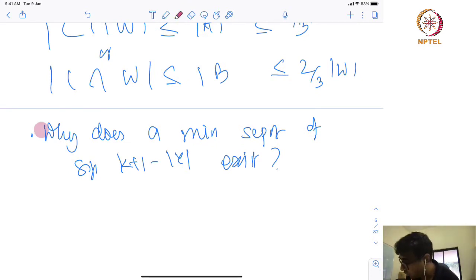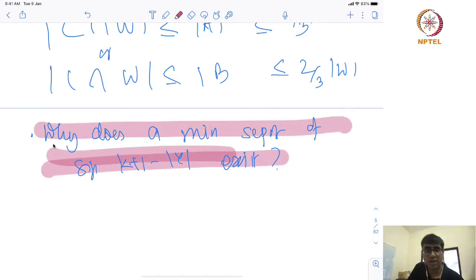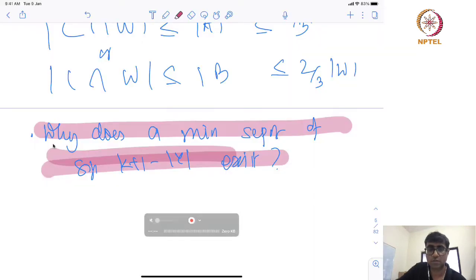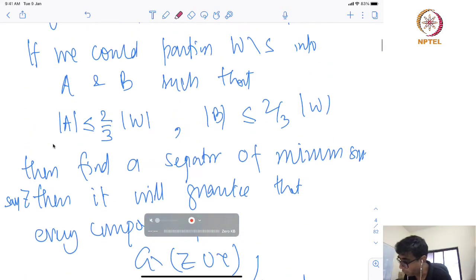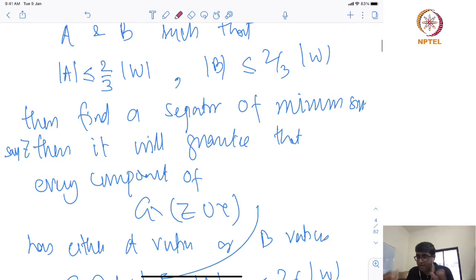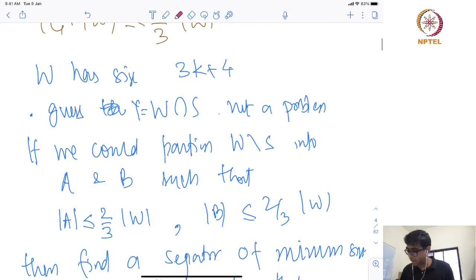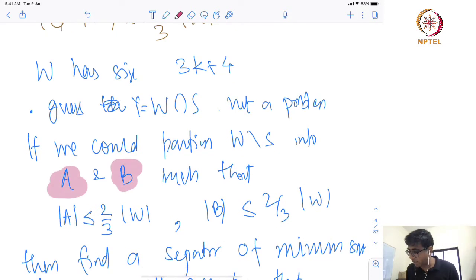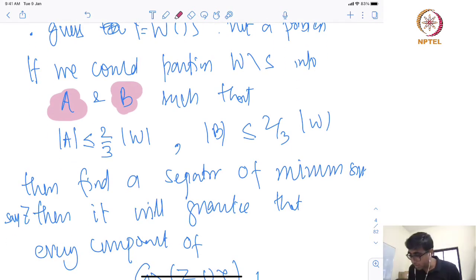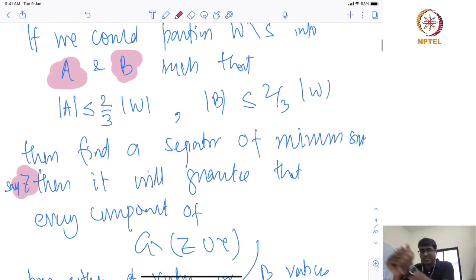Yes, this is true that a minimum separator will have the property that if I find an A and B, grouping of W minus S into A and B such that A is at most 2/3 of W, B is at most 2/3 of W, and then we find a minimum separator, say Z, then of course if I delete Z union Y, then I know that no connected component will contain both vertices from A and B, because we have found a separator.